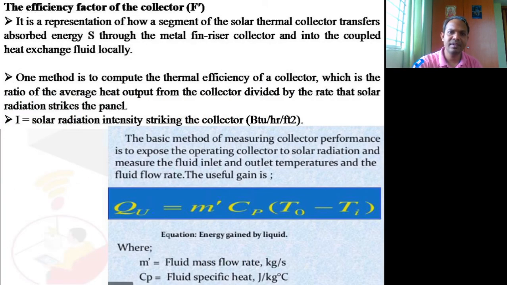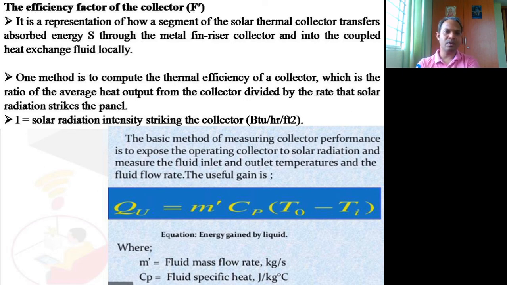The efficiency factor of the collector is given by F dash. It is a representation of how a segment of a solar thermal collector transfers absorbed energy S. S is nothing but the solar radiation, or the solar flux, that has been absorbed through the metal fin riser collector and into the coupled heat exchange fluid locally.